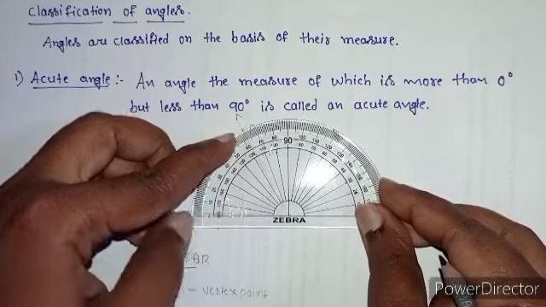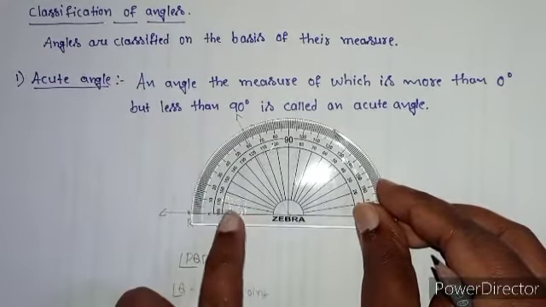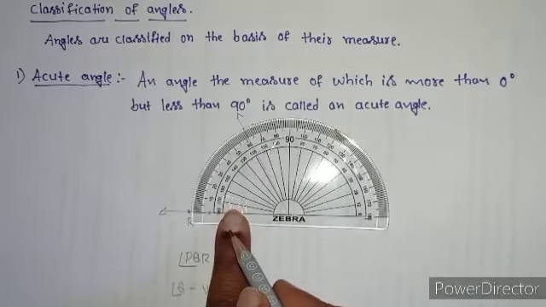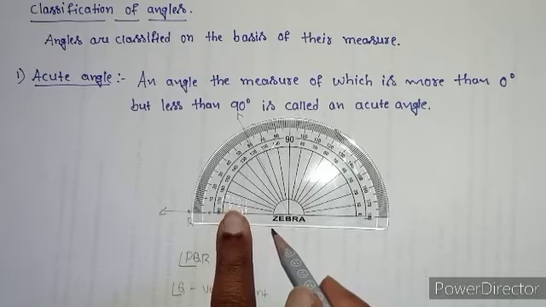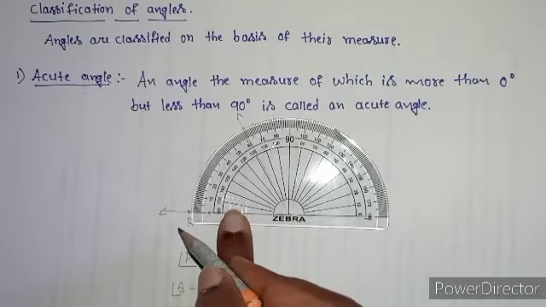Next, adjust the protractor in such a way that the base line coincides with the arm QR.